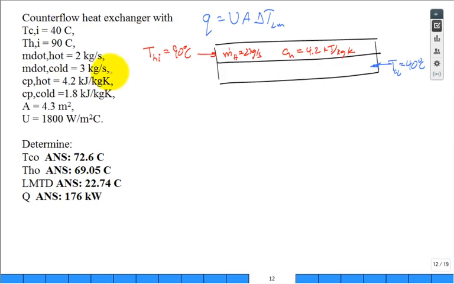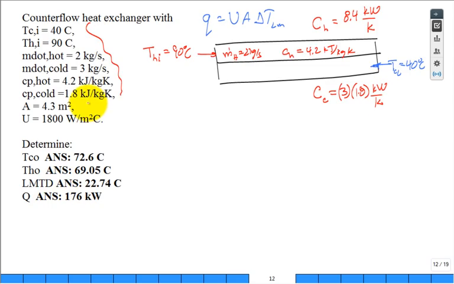Actually, you can now take the product and get the heat capacity rate of the hot and the heat capacity rate of the cold. Heat capacity rate, 2 times 4.2, that's 8.4 kilowatts per Kelvin. And for the cold fluid, 3 times 1.8 kilowatts per Kelvin.